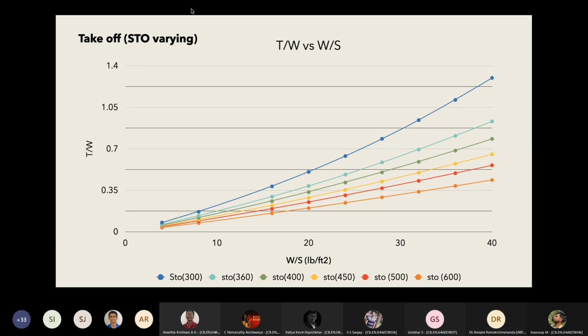Top one is 300, second one is 360. If your takeoff length is less than that, are you worried? If your takeoff length is below 360, you are not worried. If it's more than 360, you are worried, because you will be running out of your runway.